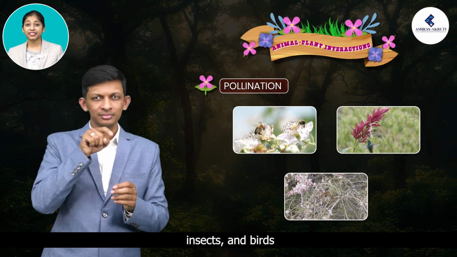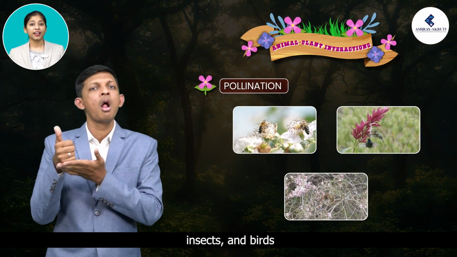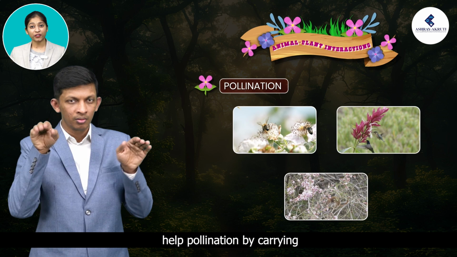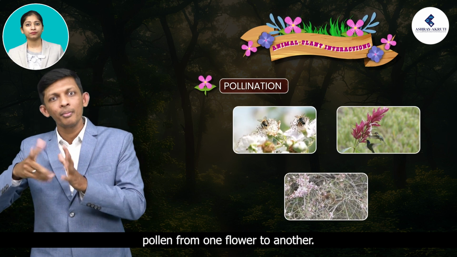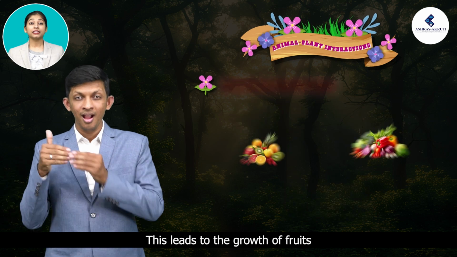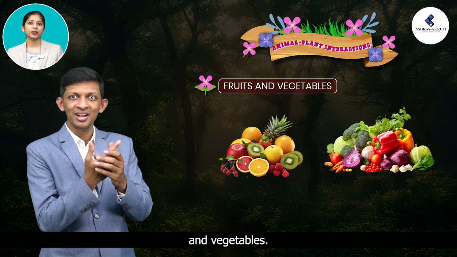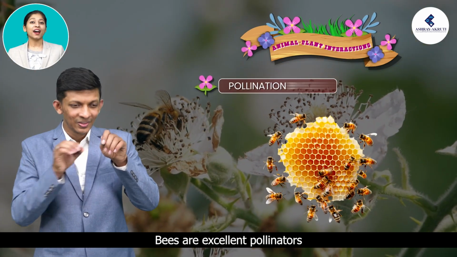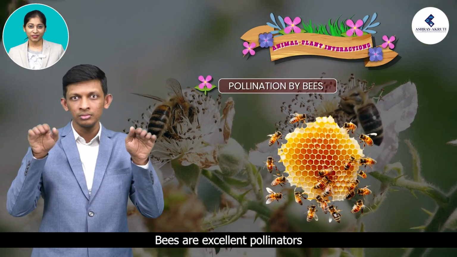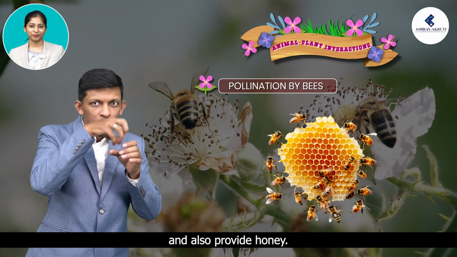Animals, insects, and birds help in pollination by carrying pollen from one flower to another. This leads to the growth of fruits and vegetables. Bees are excellent pollinators and also provide honey.